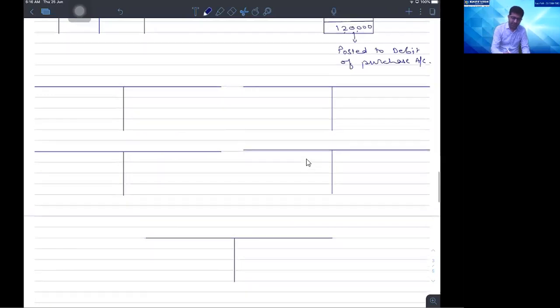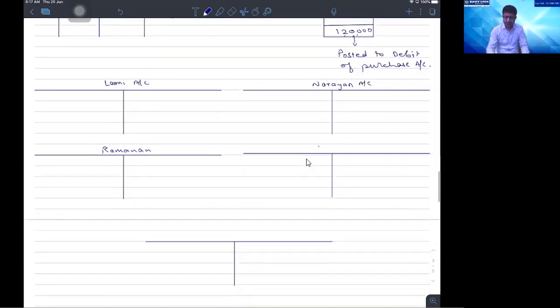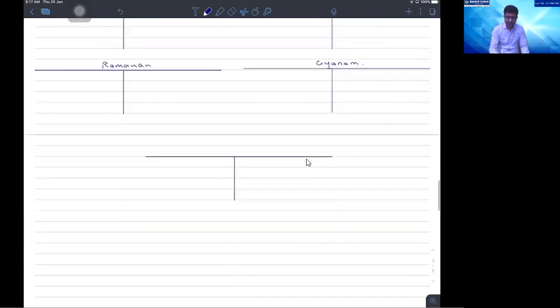So my accounts are Lakshmi account, Narayan account, Ramanan account, and we'll also have the account for Gyanam. And the last account that we'll have will be for purchases. That is purchase account.